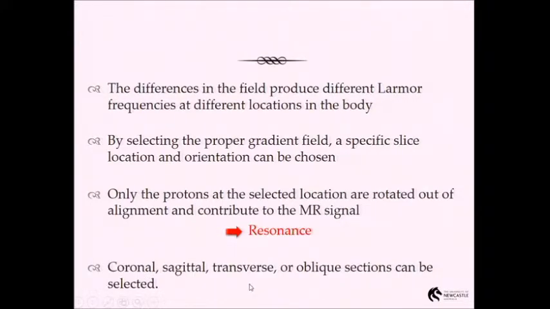All we have to do is turn 2 gradients on at once to be able to do true in-plane oblique imaging, which is really nice when you're doing things like knees and you're particularly interested in the ACL. If you look at it in axial slice, the ACL runs at an angle. You can align your sagittal slices to match the ACL, and you can do really nice imaging of the ACL, which is why orthopaedic surgeons like doing those sorts of studies for query ACL tears.